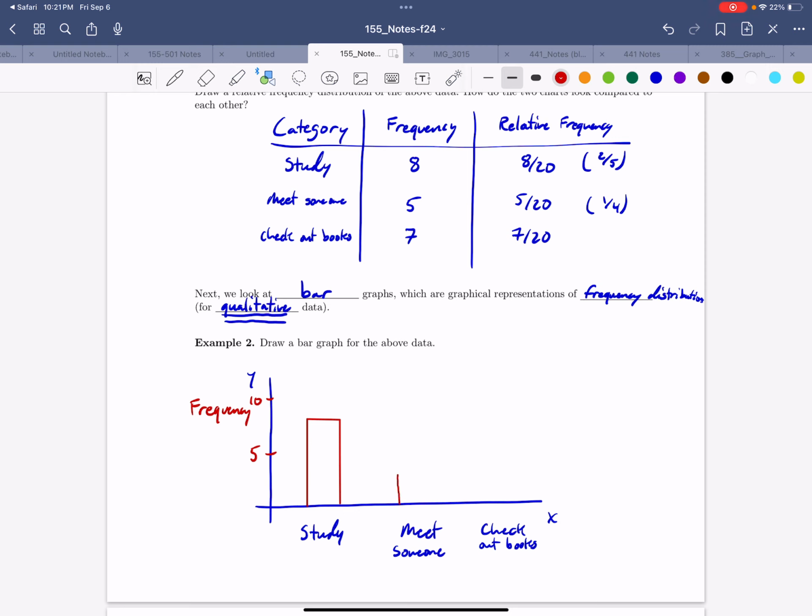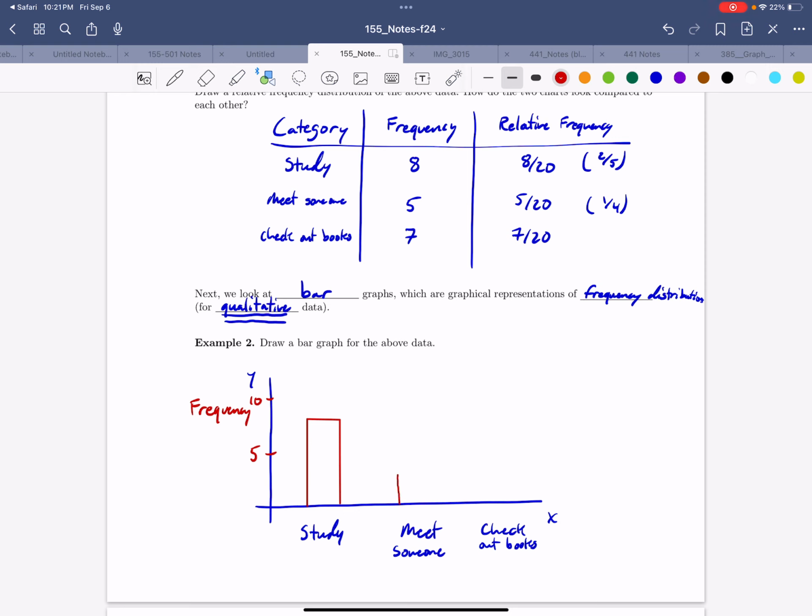So something like that. Again, pretend that they're all the same thickness. Let me try that one more time. Make that a little thicker. Maybe that's too thick. Whatever. Okay, so there you go. That's an example of a bar graph.